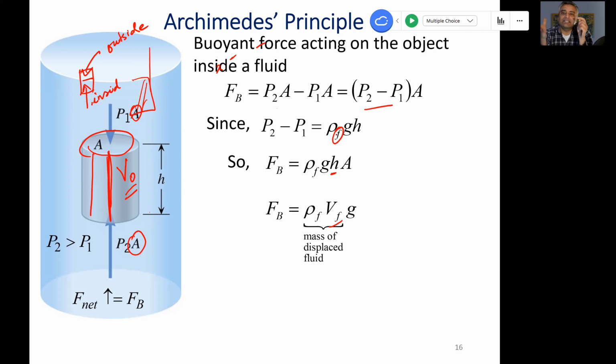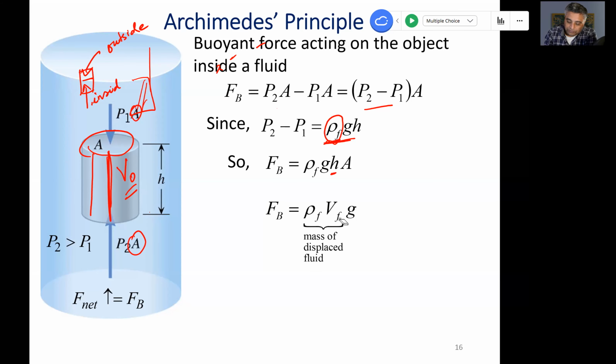For example, let's say wood is in the water, then the fluid is the water, of course, and wood is the object. So in this equation, this is not the density of wood, it's the density of water we're talking about. That's why I'm labeling it, making it more specific so as not to confuse the two different densities. We have object, we have fluid. Okay, so this is the density of fluid.